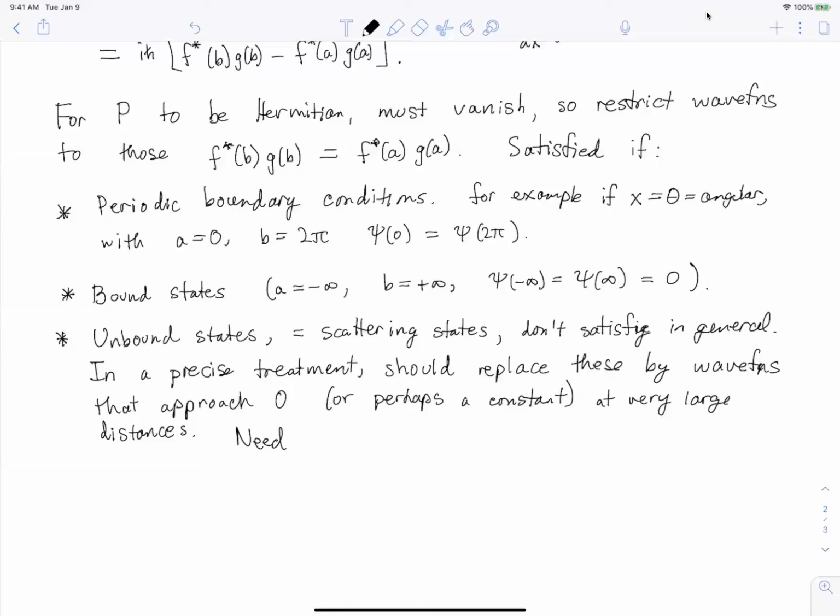But what I'm getting at here is there's a way around this, and that is you could take the wave functions to extend out to the nearest star, or maybe 10 megaparsecs or something like that. And so as long as you restrict to wave functions that have some finite extent, by, for example, putting everything in a giant box that's half the size of the observable universe, then everything's mathematically well-defined.